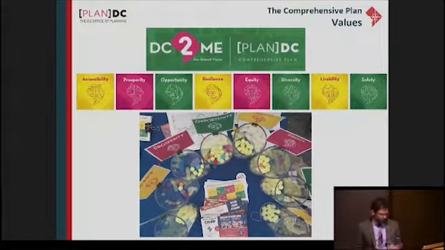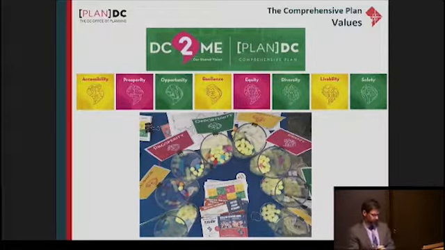I'll just talk very briefly. We found 8 high-level values that we thought would be interesting to hear from residents about. As you can see, we did in-person community engagement games. We also had a survey.